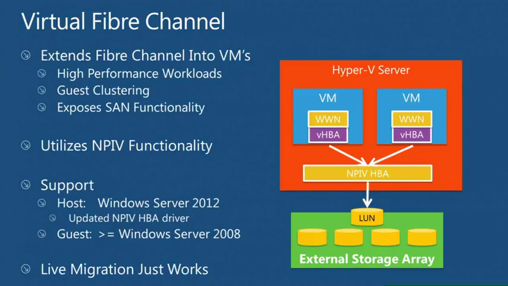This also allows us to do guest clustering. Previously, the only way you could guest cluster your apps was through iSCSI disk. Now you can use your existing hardware investments through SAN to have your virtualized workloads guest clustered. And there is key management software out there that needs direct access to the SAN fabric to perform management operations.